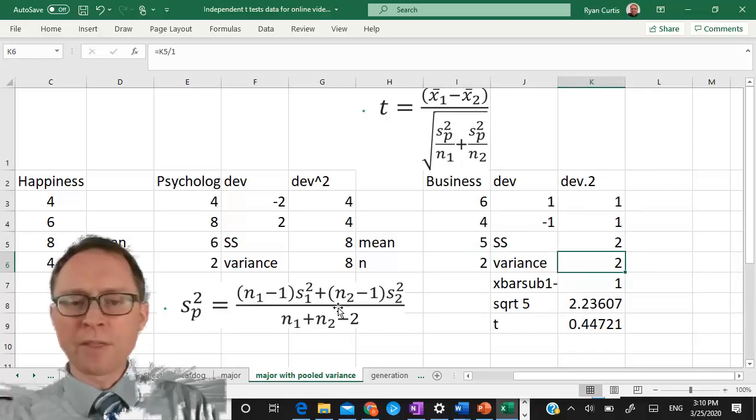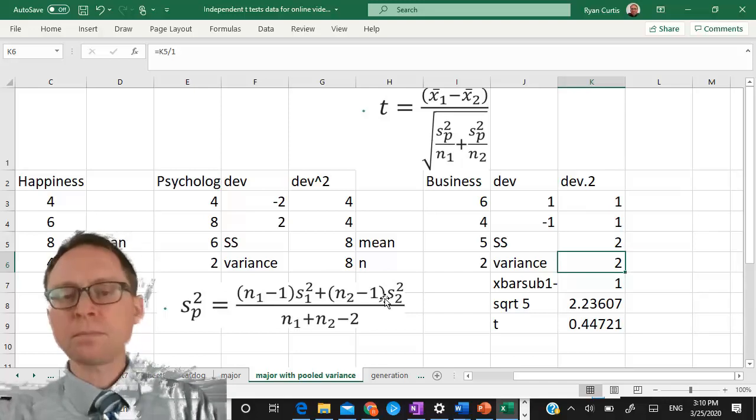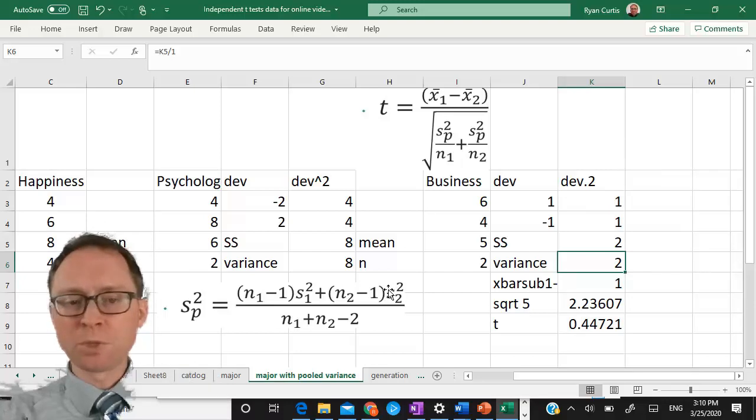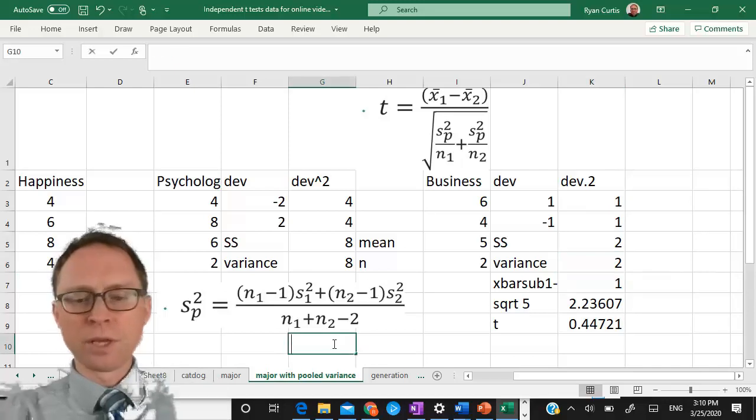So when you look at that, this second portion right here, n sub 2 minus 1 equals 1 times the variance of business majors, which is 2. So this is 2 times 1. That equals 2. Okay, 2 times 1 equals 2. So this part right here, that's 8 plus 2. 8 plus 2 equals 10.